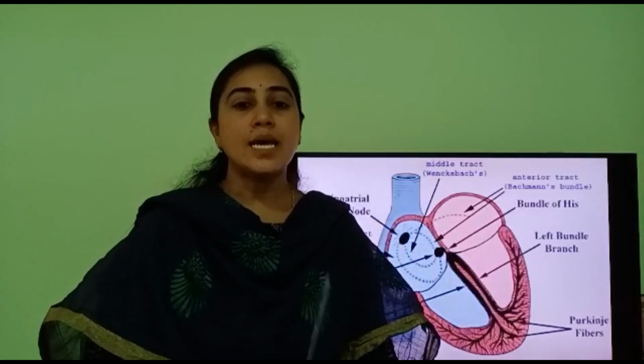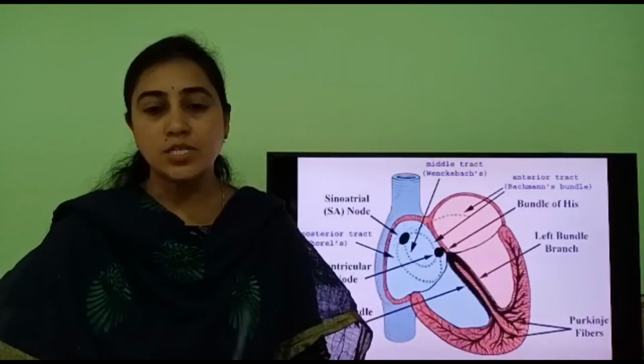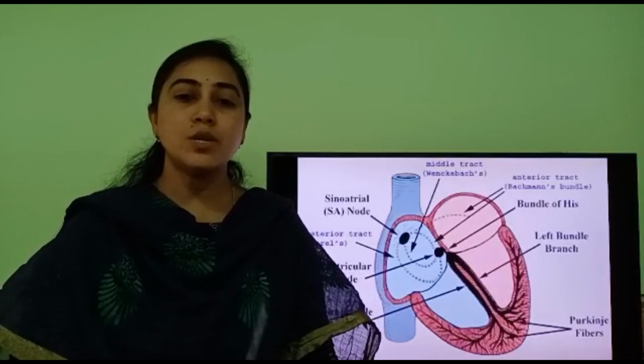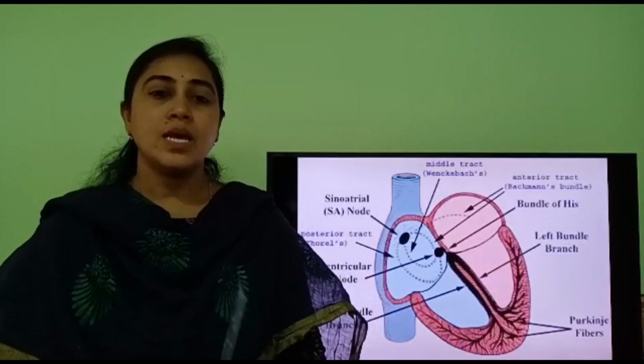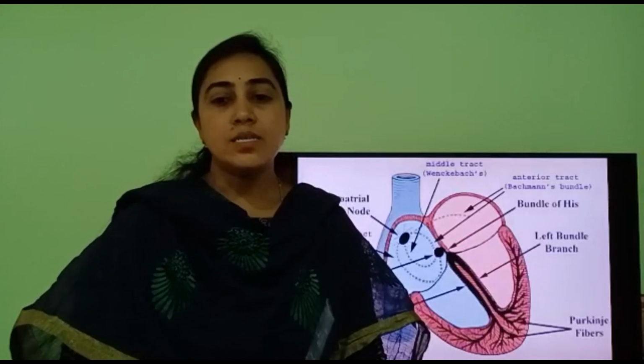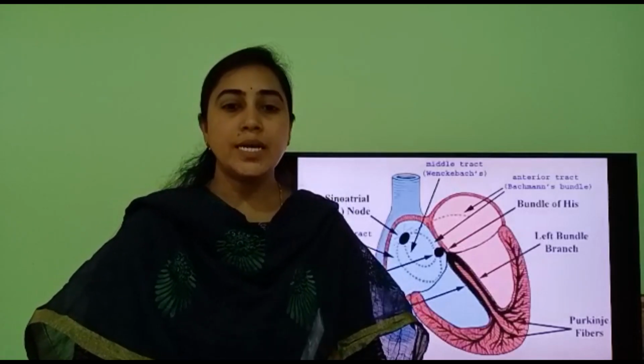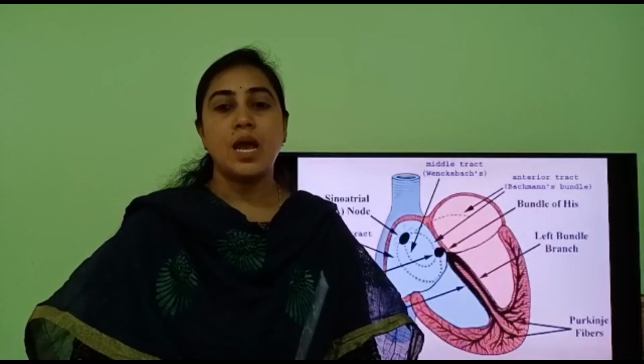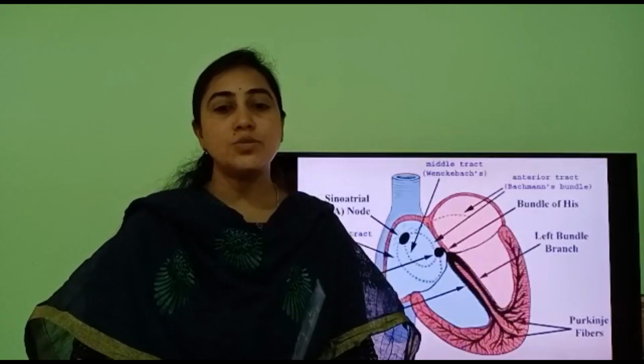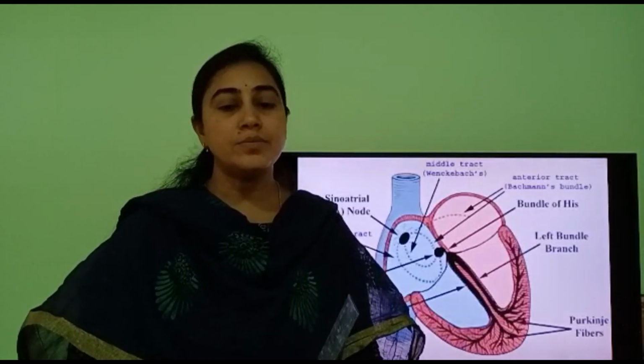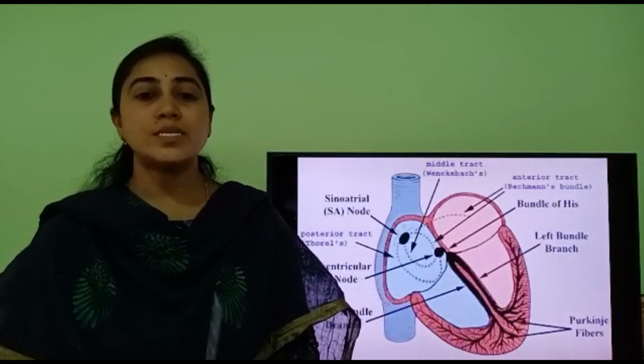The sinoatrial node can generate action potentials every 0.6 seconds, which means it can initiate 100 beats per minute. Our heart normally beats 70 to 80 times per minute. On average, we take 72 beats per minute.